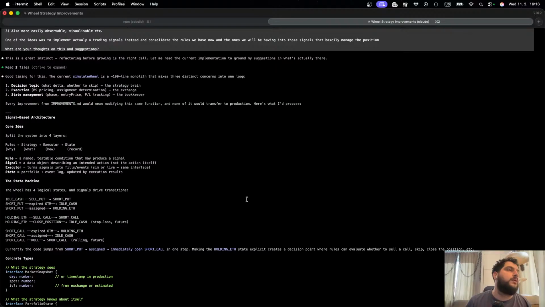Wait. A signal is a data object describing an intended action, not the action itself. The executor turns signals into fills, events, simulation or live, same interface. And the state, the portfolio plus event log, updated by execution results.